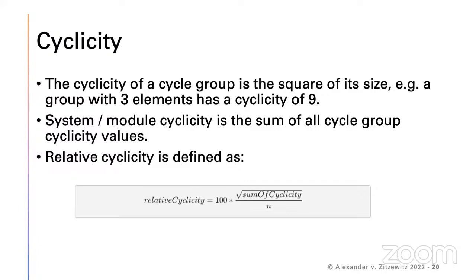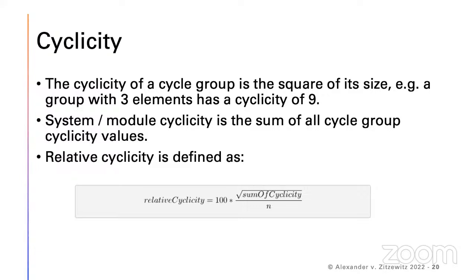That cycle group has 100 elements. The square would be 10,000, and the sum of cyclicity would be 10,000 in that case. Get the square root, go back to 100, divide by 100, we get 1. In short, we will get 100% relative cyclicity. That's the worst case. Every single element in your system is in one big cycle group. That's the only way you get 100% relative cyclicity.